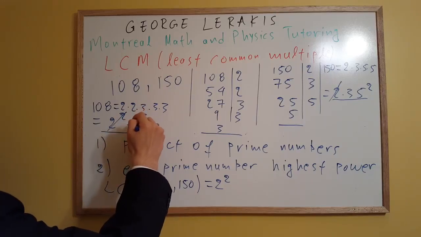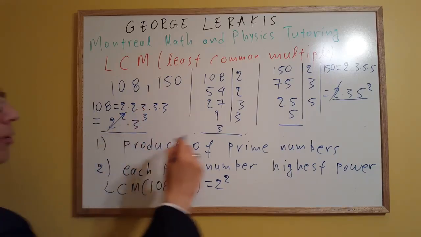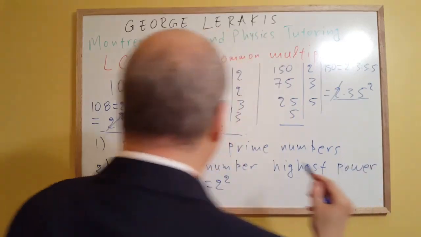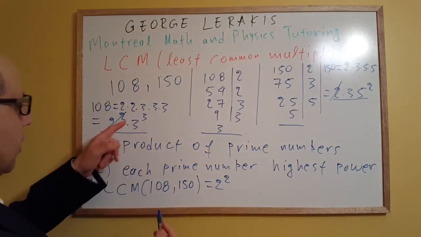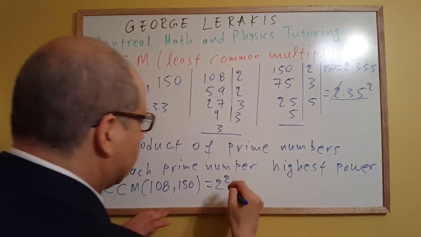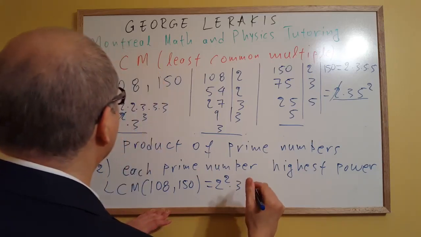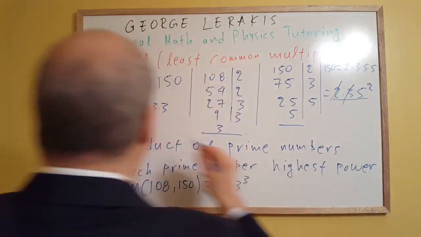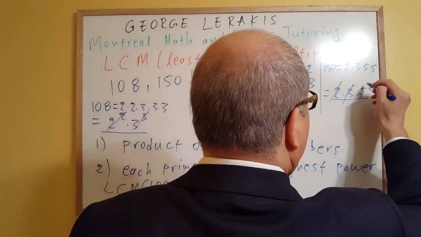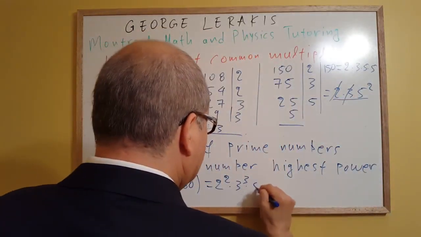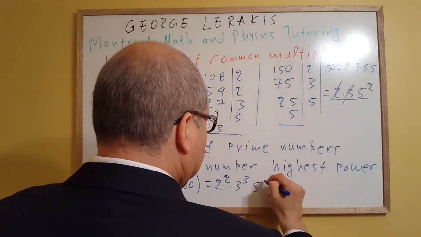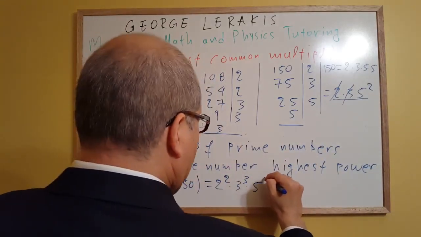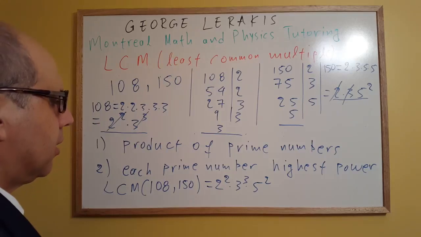Then we have 3. 3 here is in the third power, and here is in the first power, so that means we take, as we said, always the highest. So this is 3 to the third, cross it out. This is finished. Here we still have the 5 squared, so you just have to take it as it is, which is the highest power that 5 exists in both of them.